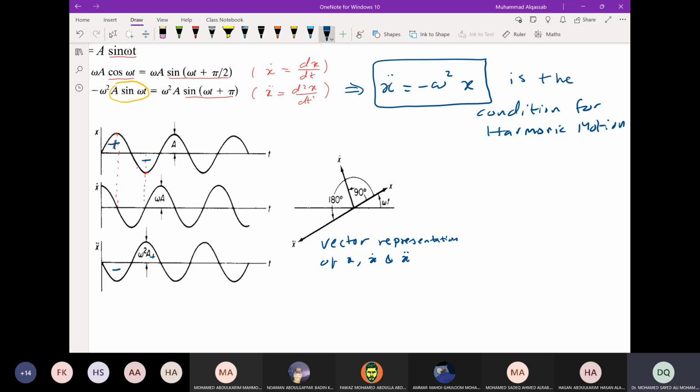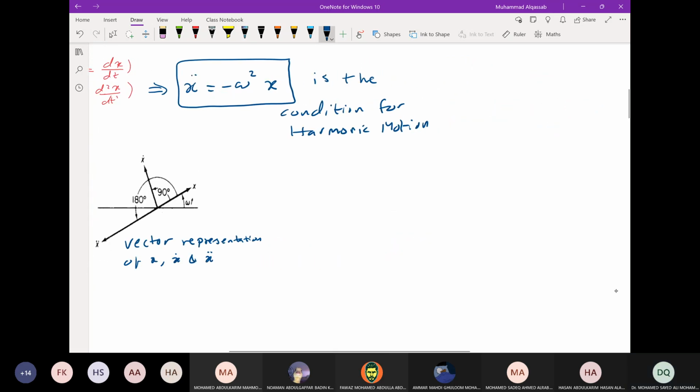Which means x double dot is directly proportional with minus x. This is the condition for harmonic motion. And when you take out the proportionality, you get that x double dot equal to minus omega square x. Omega is the frequency. It is in radian per second.